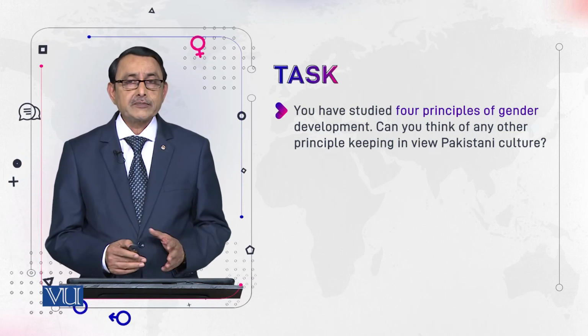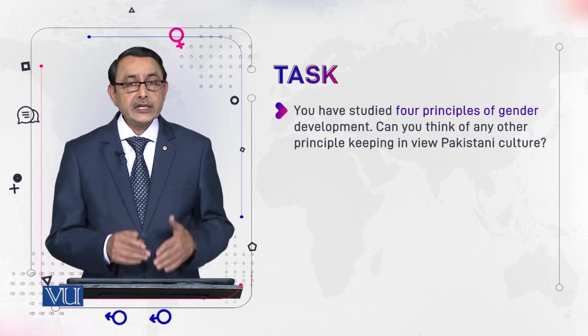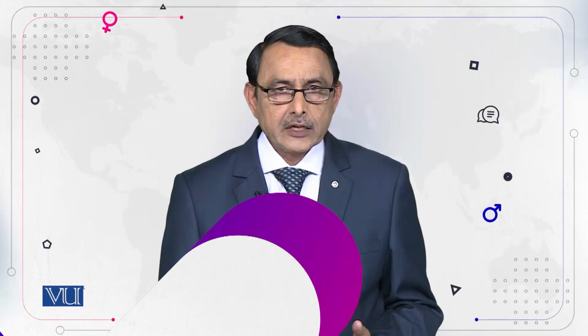Because these principles are derived by Western authors from their point of view, and we have a separate culture, separate norms and conventions and ideology. Do you think there can be a fifth principle, a sixth principle of gender development? That would be your understanding of what we mean by principles of gender development.